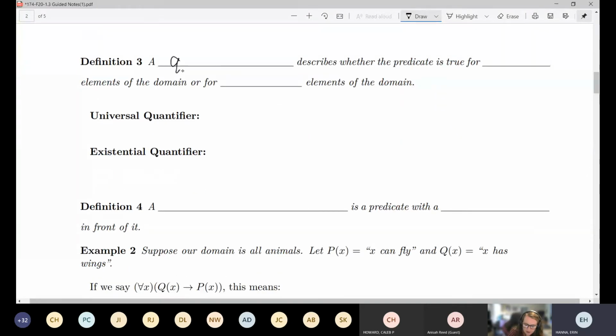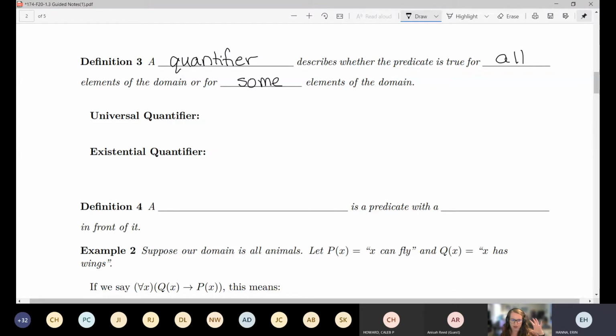So a quantifier is true for all elements of the domain or for just some elements of the domain. Sometimes we're going to want to say this is true for absolutely anything, and other times we're going to want to say, hey, this is only sometimes true.